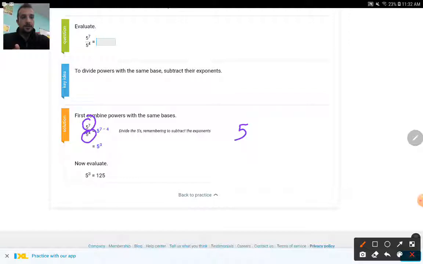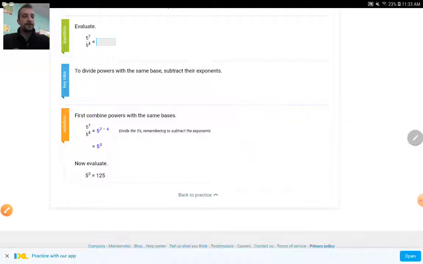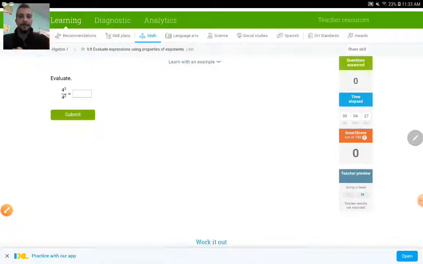The first one, put it down and then put a minus, and then whatever the number in the denominator's power is, you put that number. 5 to the power of 7 minus 4. So 7 minus 4 can be simplified. It is 5 cubed. And then you can calculate what 5 cubed equals using your calculator. That's 125.